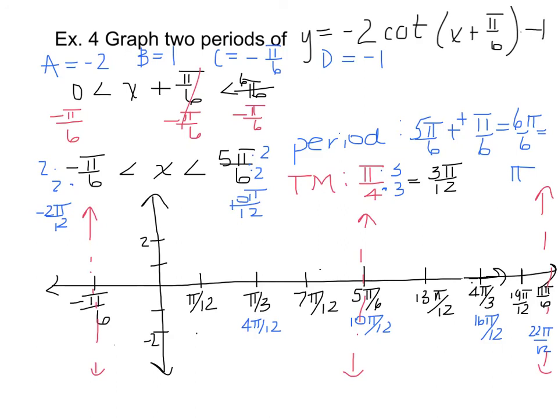So we're going to go negative a, 0, positive a. Then you do it again. Negative a, 0, positive a. And then that's your negative cotangent. So negative cotangent looks like tangent. Negative tangent looks like cotangent. And we're done.